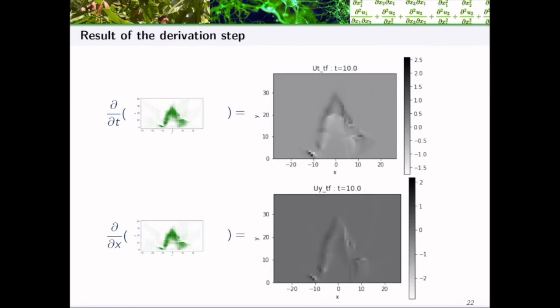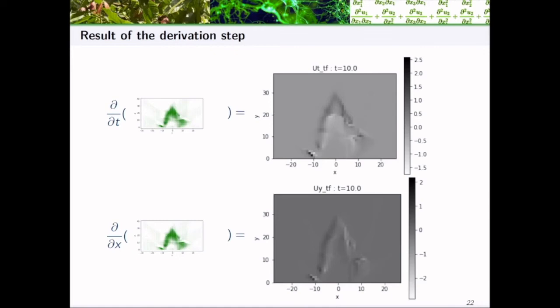Next comes the derivation step. Here I wanted to show how it looks graphically. In the bottom part of the slide, you can see the derivative of u with respect to t, and in the top part of the slide, you can see the derivative with respect to x.